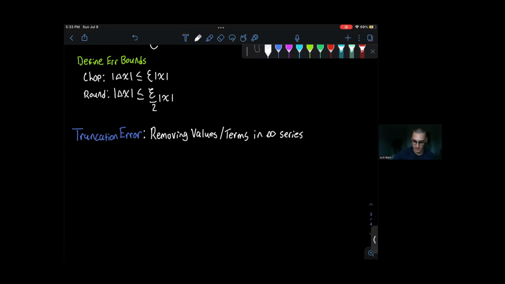Let's draw out what the Taylor series looks like. So my function at x i plus 1 is going to be equal to f of xi, our function's value at the current x we're looking at, plus my function's derivative at the current value multiplied by xi plus 1 minus xi.